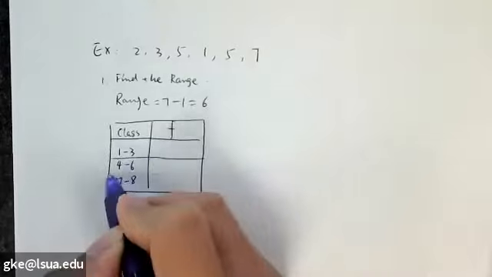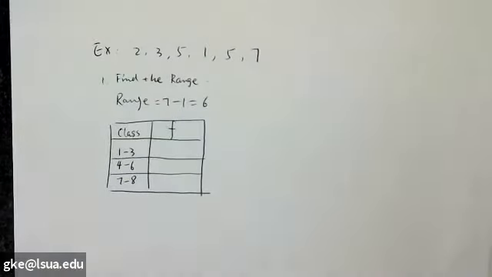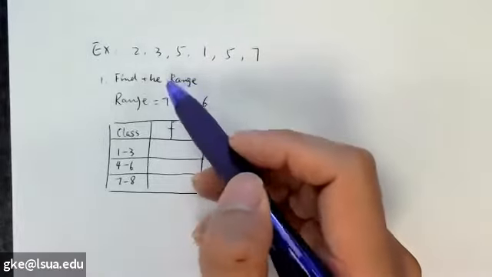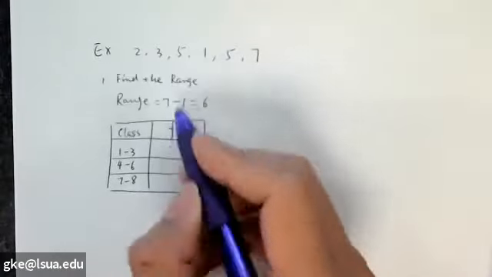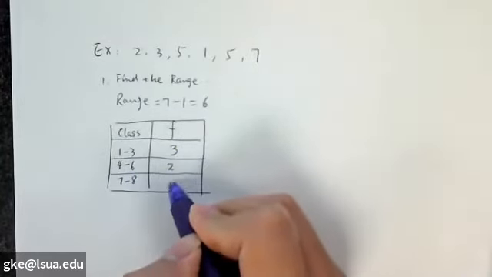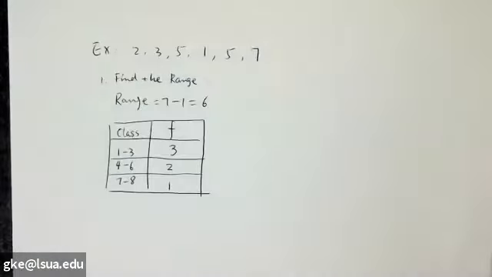Okay, we have 3 classes. And for 3 classes, we can define the frequency from 1 to 3, 3, from 4 to 6, 2, 1. Okay, so I gave you this table. Now I want you guys to do some analysis.